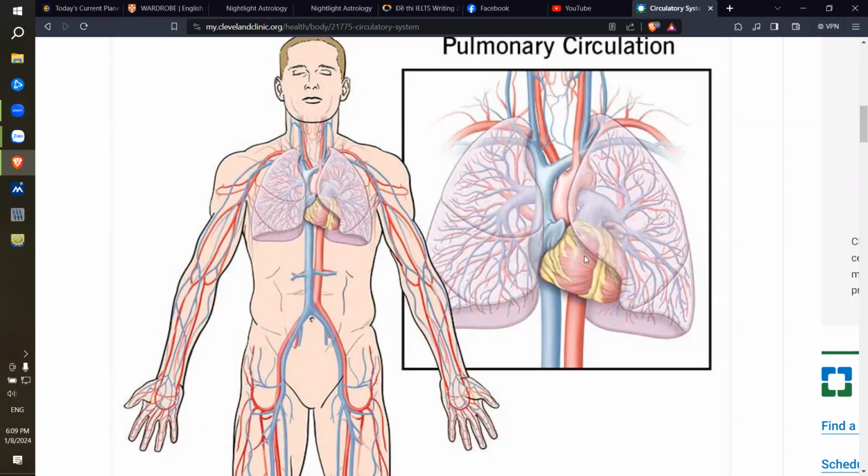Are there valves inside of the arteries, and why? There are no valves inside the arteries, yeah. But why?